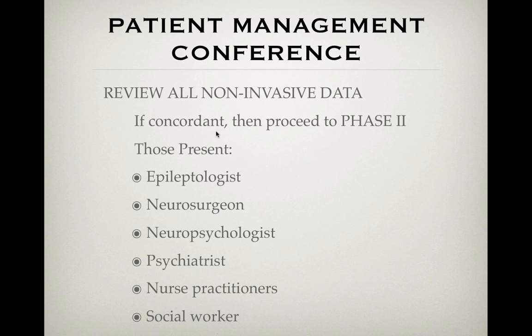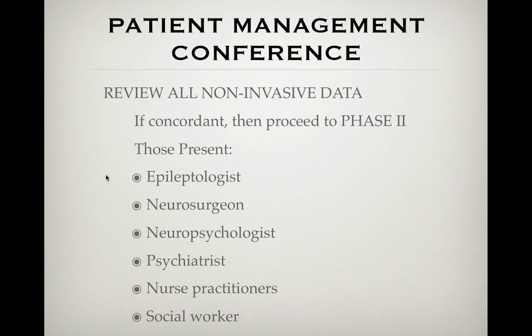And if it all makes sense and it all matches up, then we proceed to the second phase of surgical evaluation. So there's a lot of people in the room. There might be 3, 4, 5 different epileptologists, a couple of neurosurgeons, the neuropsychologist, at times a psychiatrist if needed, nurse practitioners, and social workers.